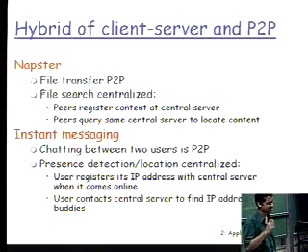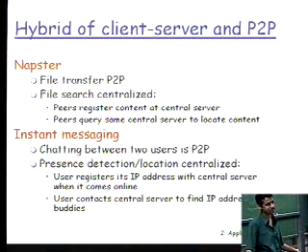In the Napster model, the file transfer happens between peers which are connected to the old Napster network. But the file search itself was centralized. So one portion of the application works in the client server model, where the server will give you the search capabilities, and the actual file exchange follows the peer-to-peer model.